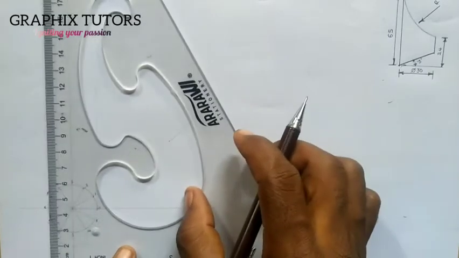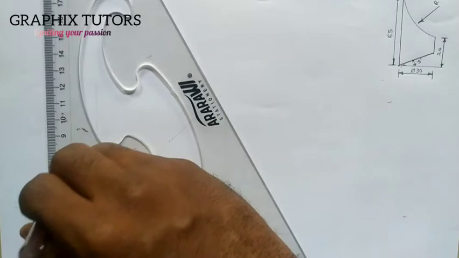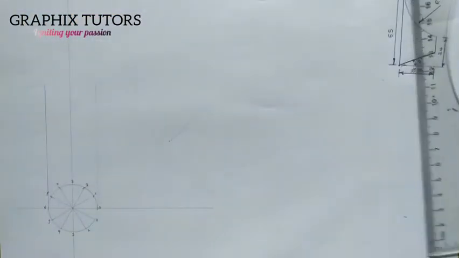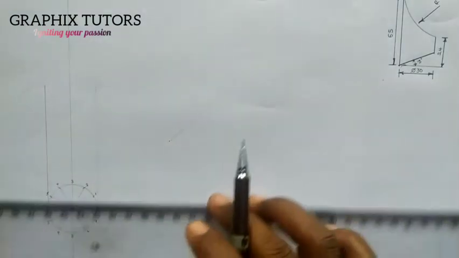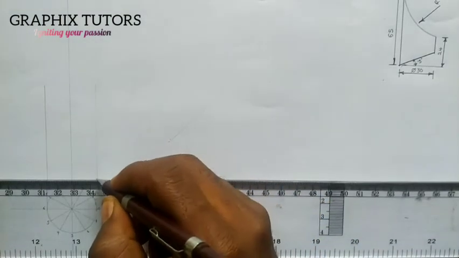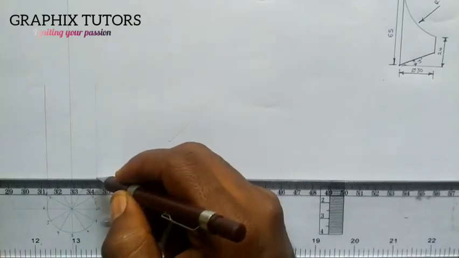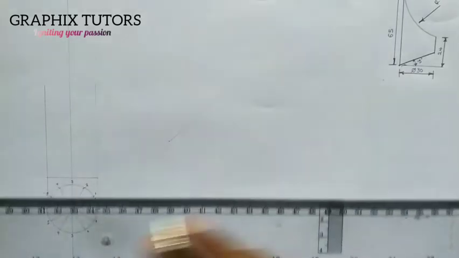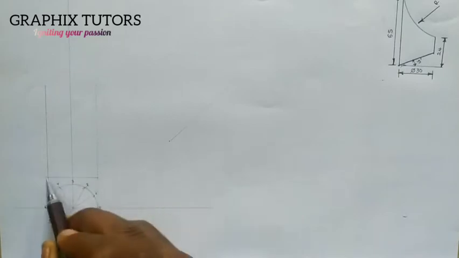Now, at any given radius, I'm going to join these 2 points together, like from here, with a faint line this way. Hope you can see that. So this base here is my reference line.